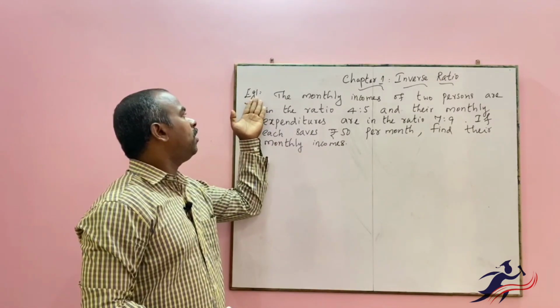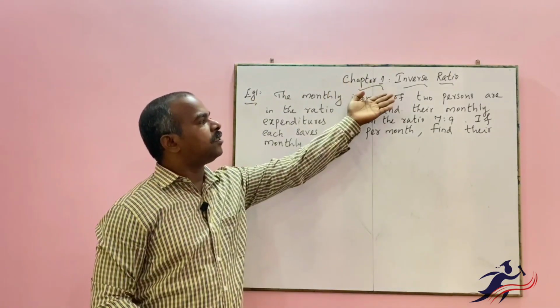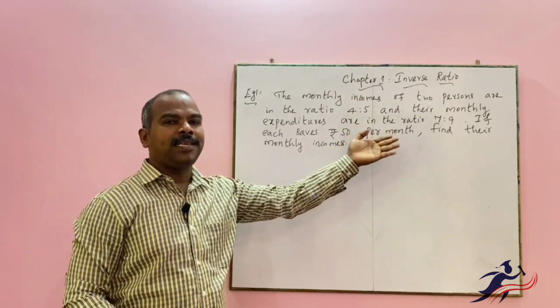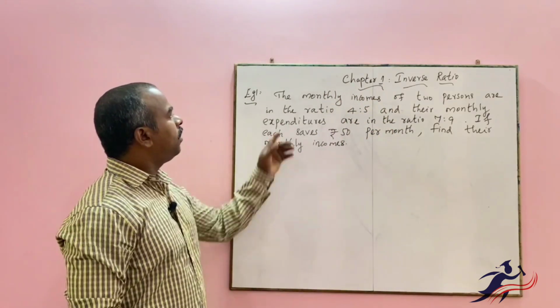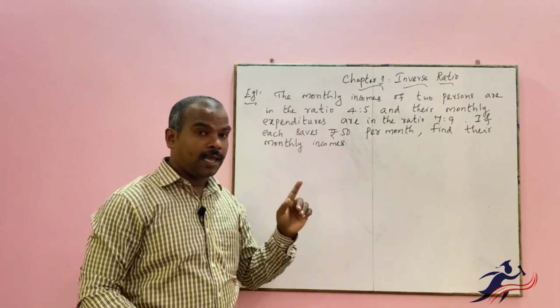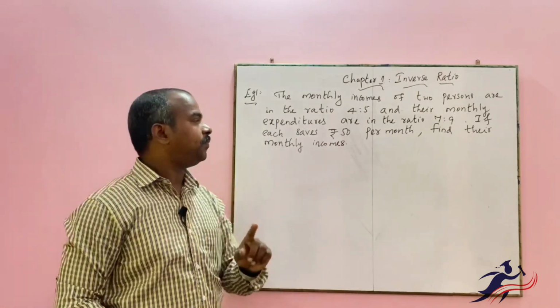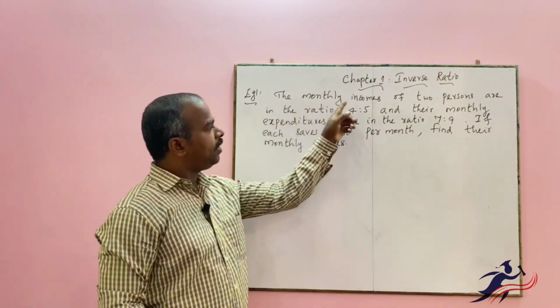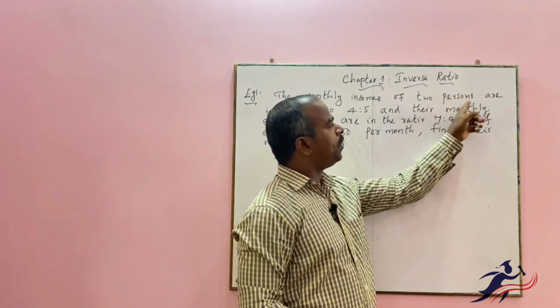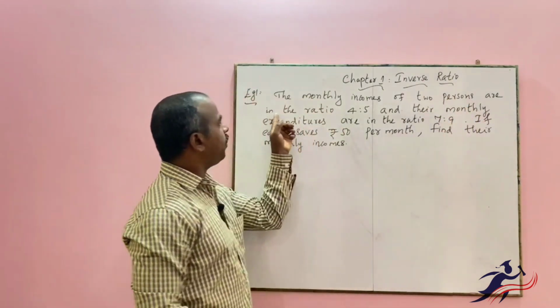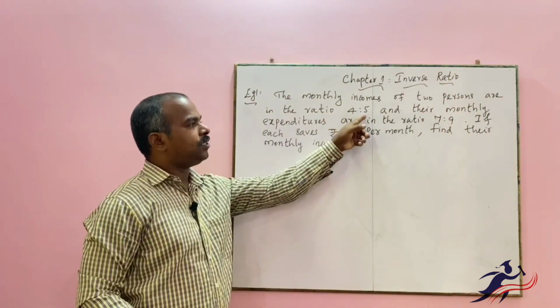Example number 1, in inverse ratio from your ICAI textbook. Read the question carefully and understand it. The monthly incomes of two persons are in the ratio 4 is to 5.